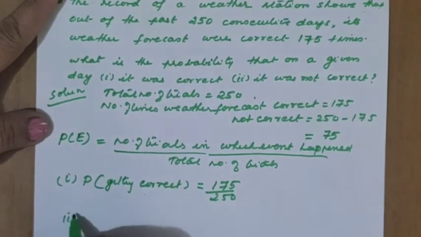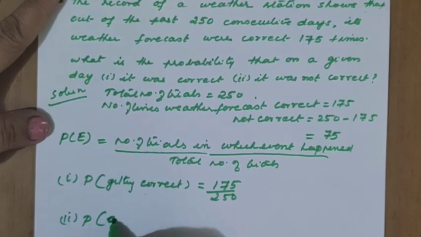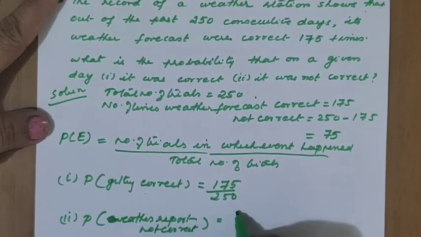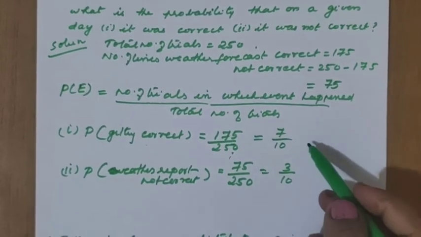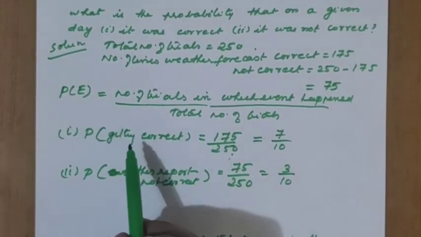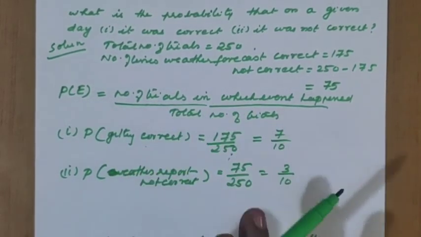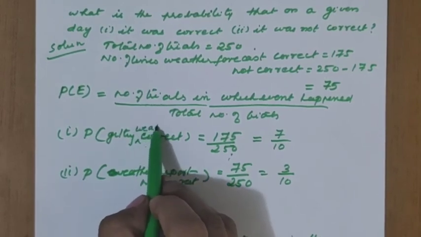What about the sub-question when it is not correct? Weather report not correct: 75 by 250. Simplified, the answers are respectively 7 by 10 and 3 by 10 only. So when we are not writing this event E, we write P of getting weather report correct.